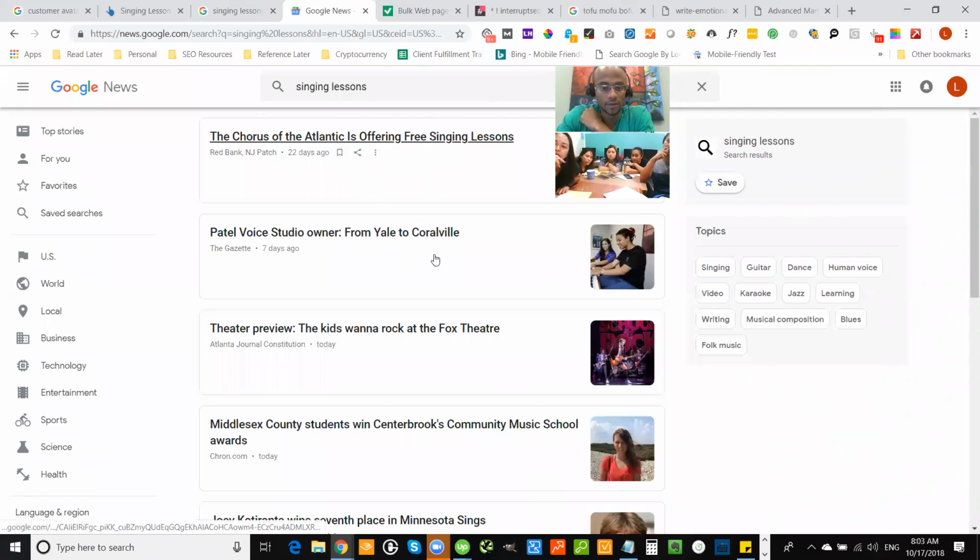You'll see some different topics that may or may not be relevant, but these are the stories that are in the news. For whatever reason, they're important enough that these different news publications thought it was worthwhile to cover them in their news websites.